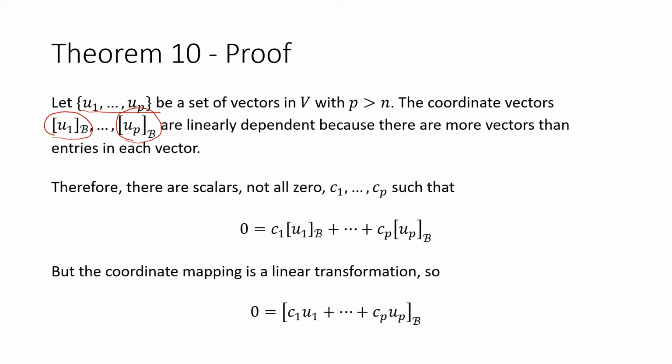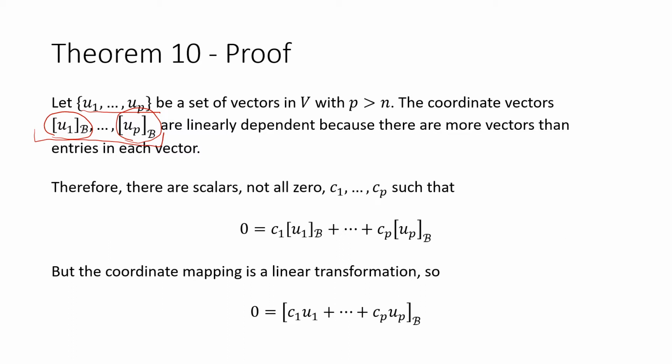We have p vectors with n elements, but because p is bigger than n, that means we have more vectors than elements in each vector. So it's like having 4 vectors in R3. Right away, it's linearly dependent. We already know that. Okay. So this set of coordinates are linearly dependent.